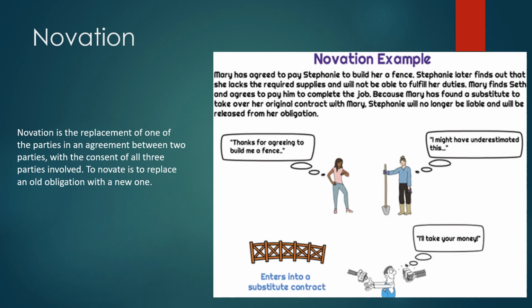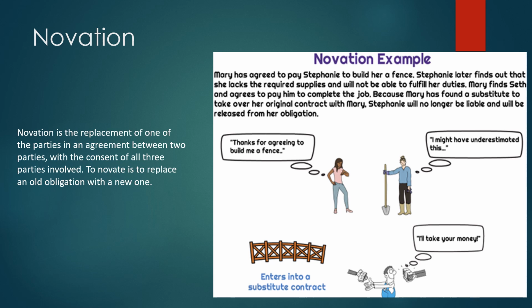Let's use this as an example. Mary agrees to pay Stephanie to build her fence. Stephanie says, hey, I can't do this. I just don't have the required supplies. And so Mary says, you know what? That's okay. Seth has agreed to do it, so I'm going to pay him. And Stephanie and Mary and Seth all agree.